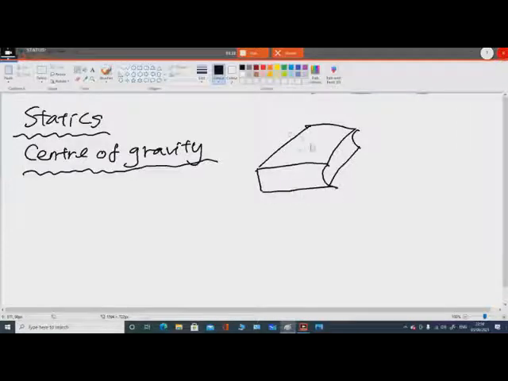We know that the center of mass of this book is at the center, right? This is the center of mass, denoted as X. This center of mass gives us the weight mg, and at the same time, this center of mass is where the center of gravity is located. So this is for the regular object.